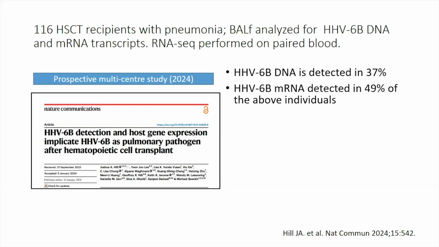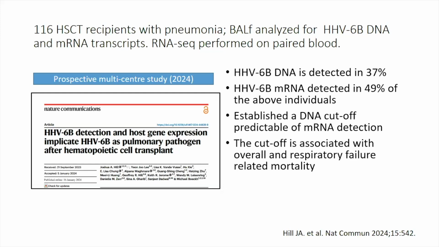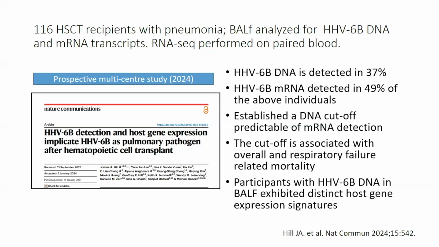In fact, the authors established a DNA cutoff that was predictive of mRNA detection. So if you find the DNA at a certain level, you know the mRNA is going to be detected also. And they also found that that specific cutoff was associated with overall mortality and also with respiratory failure related mortality, which is quite strong data.